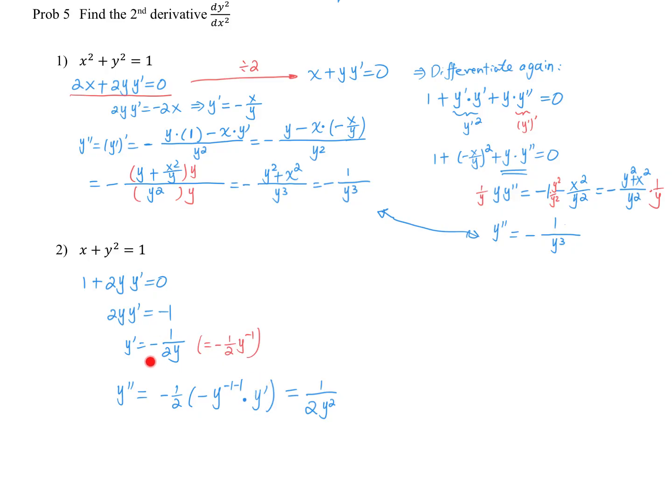And what is y prime? This is my y prime. So times negative 1 over 2y equals negative 1 over 4y cubed. And if you would like to use the approach that I showed you for the previous problem, you can.